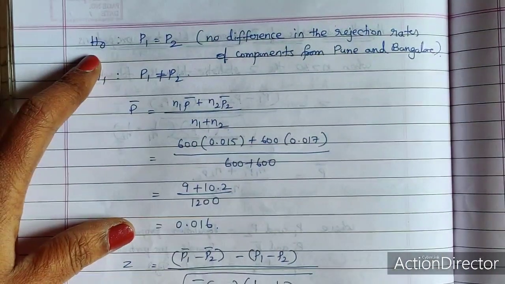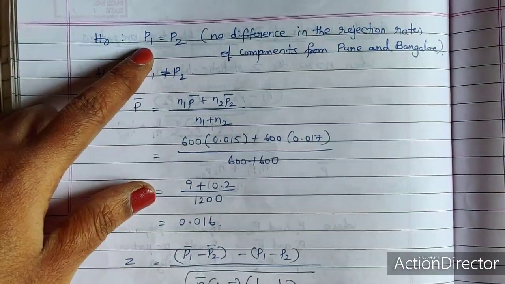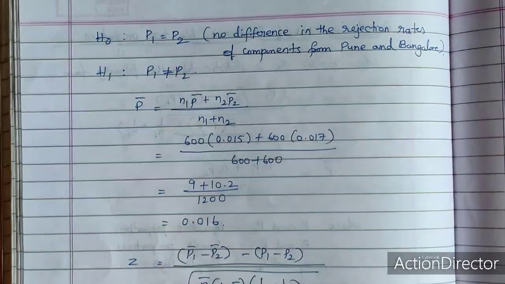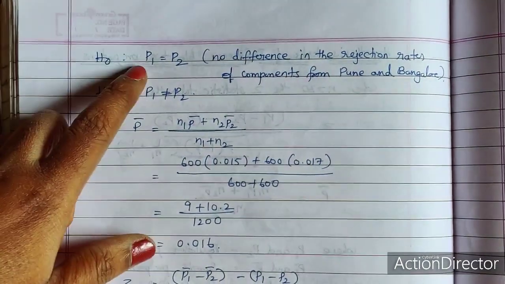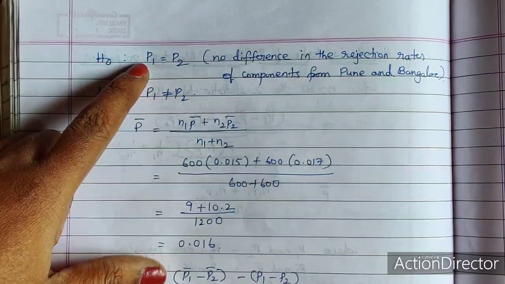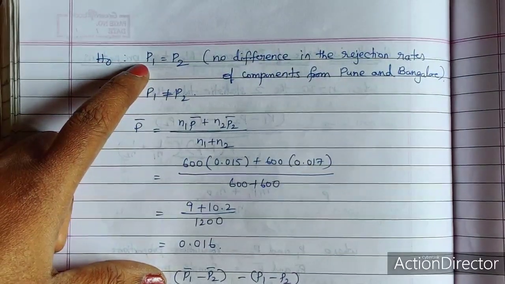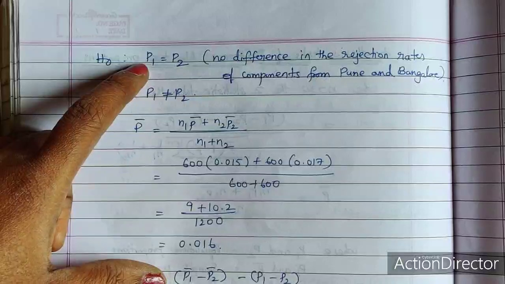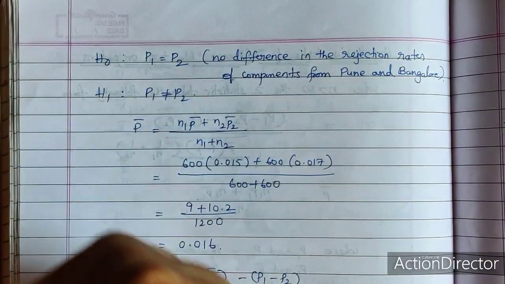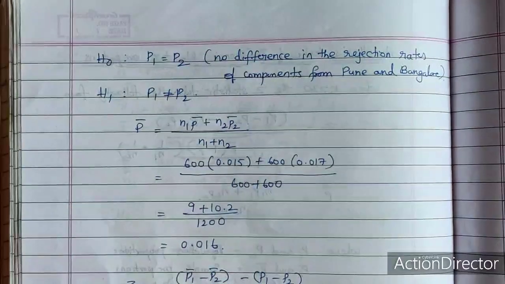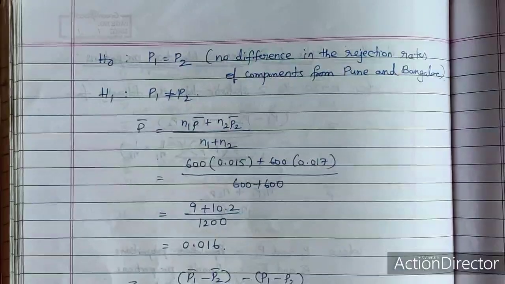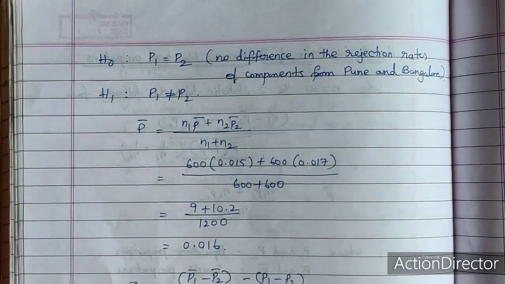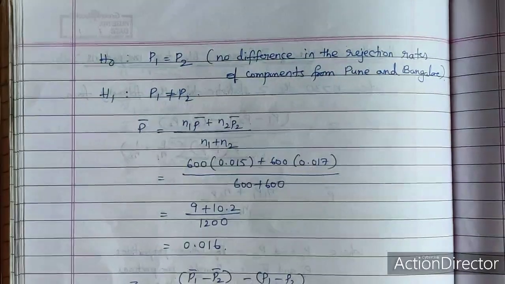First, H naught is P1 equal to P2. As in the case of population means, where we assumed the two population means are the same, here in this problem also the two population proportions are the same. That means there is no difference in the rejection rates of components from Pune and Bangalore, so they are equally defective. H1 is P1 not equal to P2.